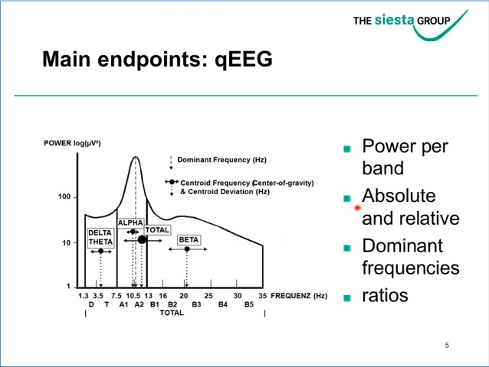We can calculate them in absolute or relative terms, relative with respect to the power of the entire spectrum. We can calculate dominant frequencies in each band, and we can calculate certain ratios like alpha divided by theta. So these are the typical endpoints for quantitative EEG.